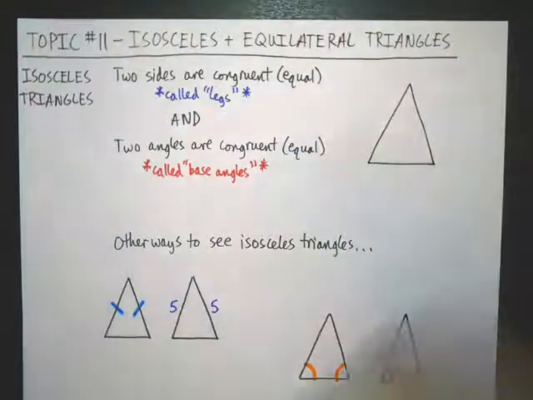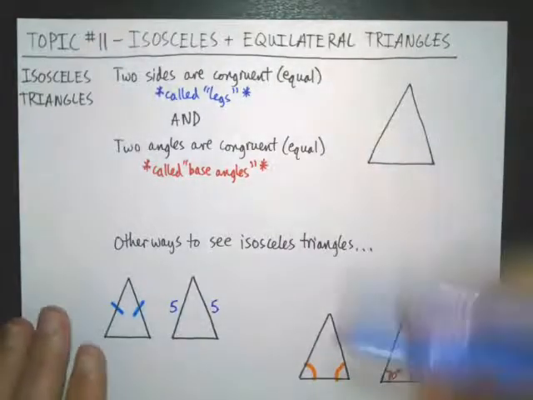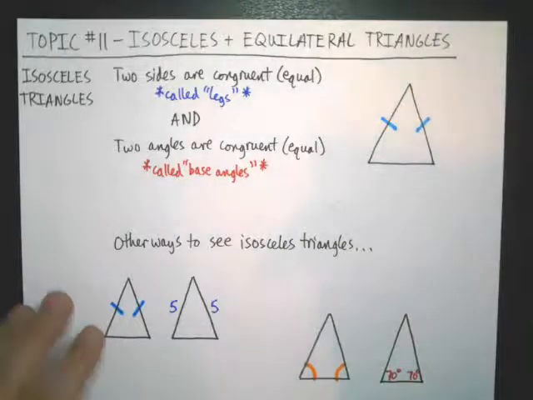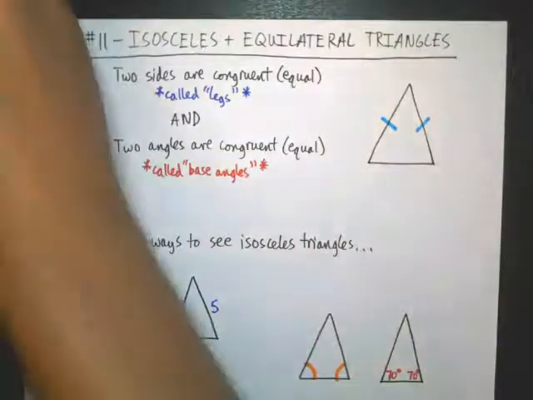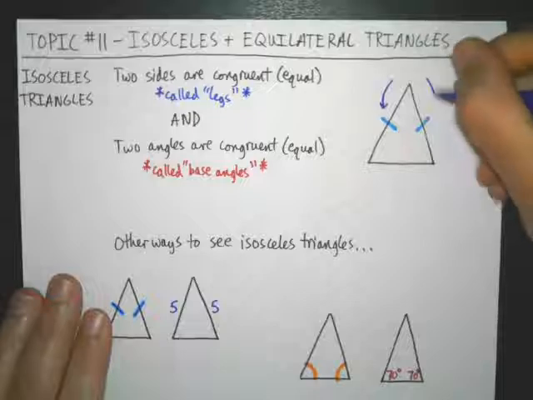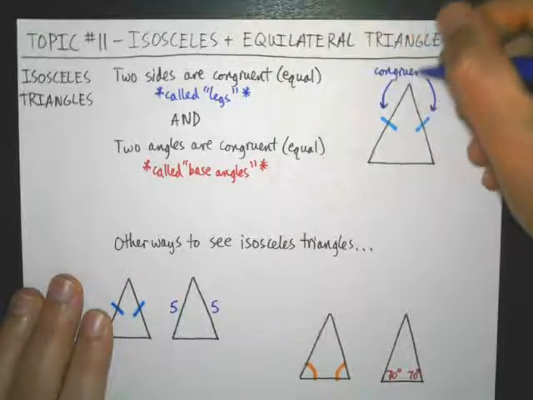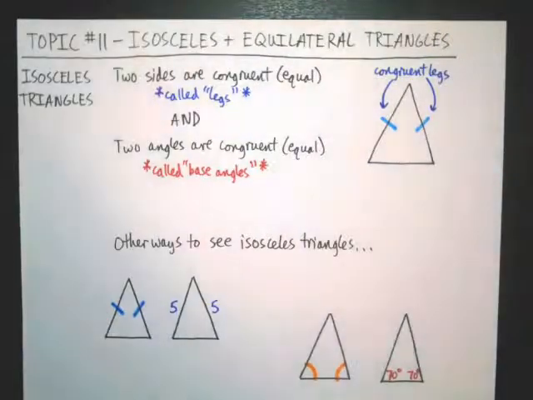Now, I'm going to work with the isosceles triangle I sketched over here. I am going to put some tick marks on the congruent legs. The tick marks mean that those sides are congruent. All right, let me label the congruent legs right there. Those are the congruent legs.